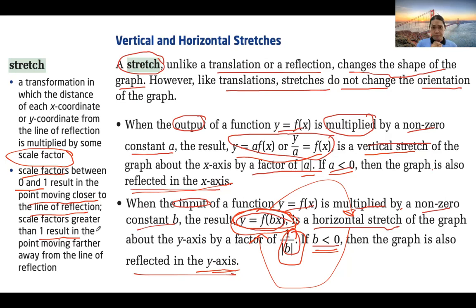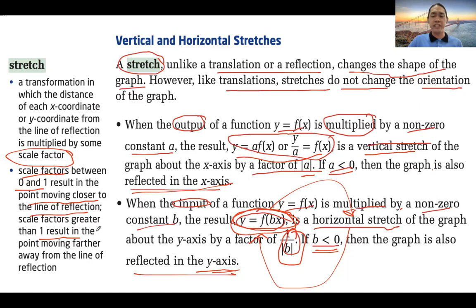So when your scale factor is greater than 1, it will move farther away from the line of reflection. But when it is closer to 0, it will become closer also to the line of reflection. Please take note of this behavior, because you can use it later as we analyze the graphs of the vertical and then the horizontal stretches.